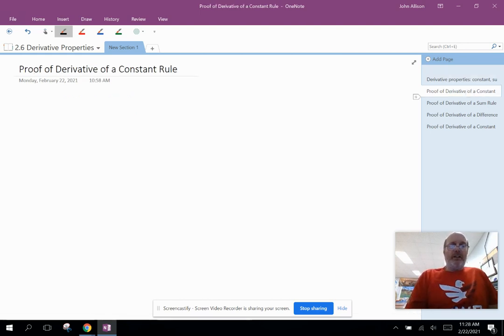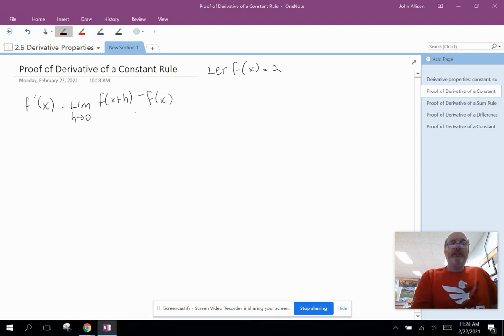We'll start with this derivative of the constant. We start and let f of x equal some constant a, and we know that f prime of x is equal to the limit as h goes to 0. We have to know this limit definition. We have to know how to use it, of f of x plus h minus f of x all over h.